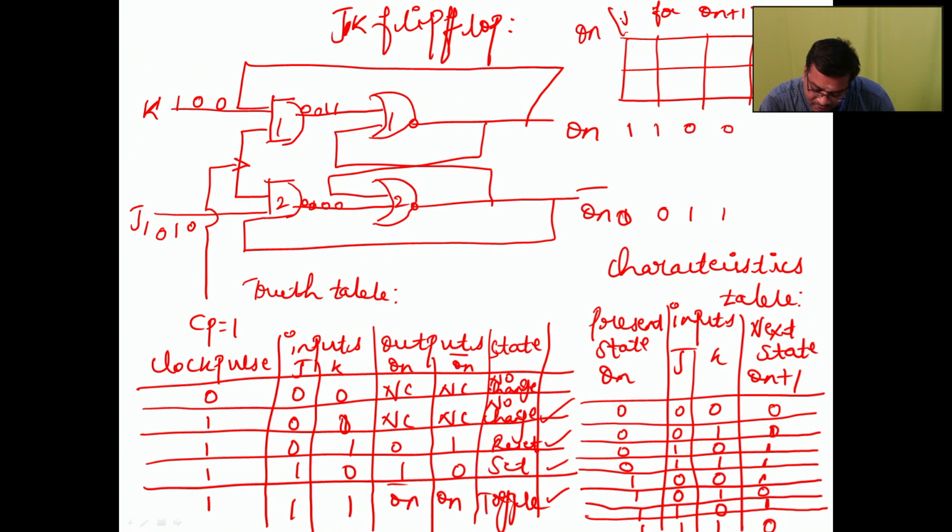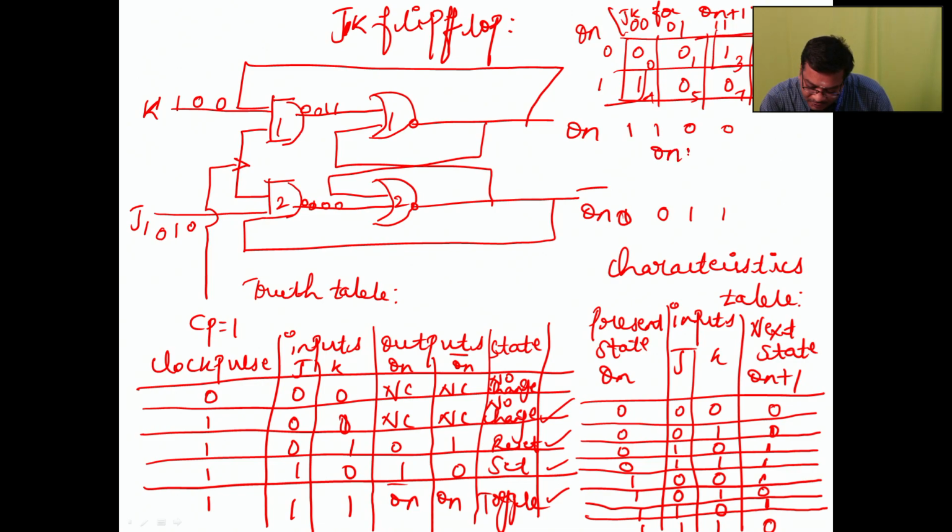So Qn, J, K: 0 0 0, 0 1 1, 1 1 0, 0 1 0, 1 0 1, 3 2 4 5 7 6. 0 0, we will get 0 0 1 1, 1 0 1 0 1, 0 0 1. So we will get conditions here.